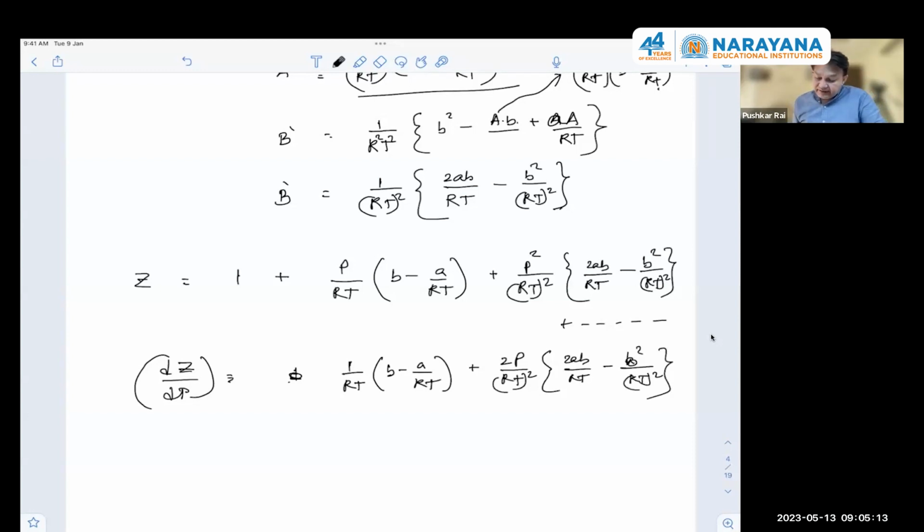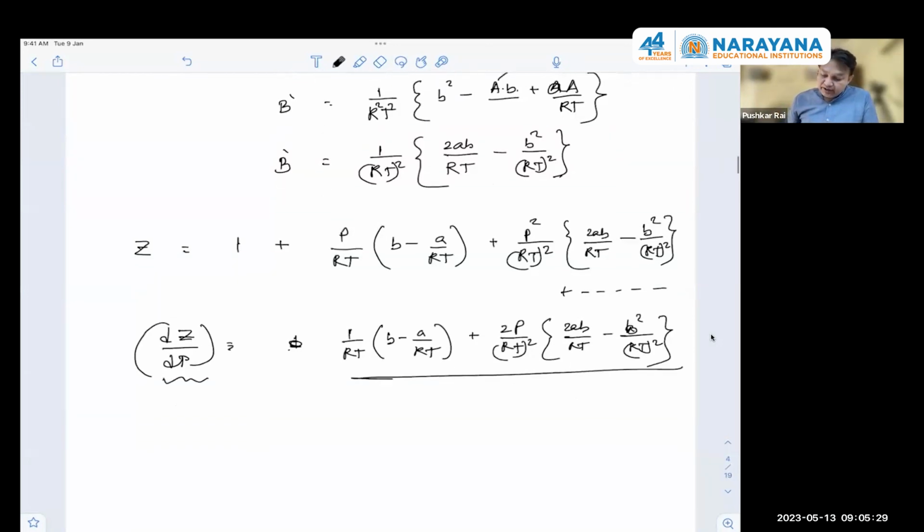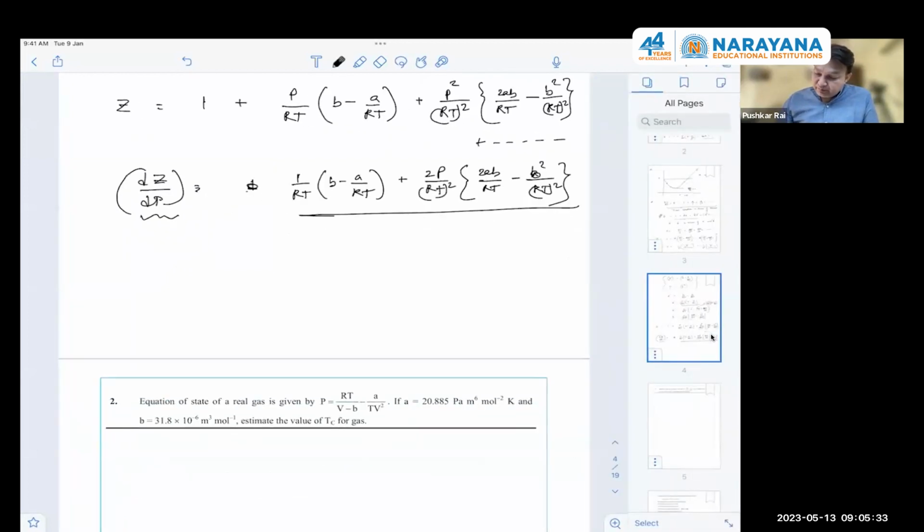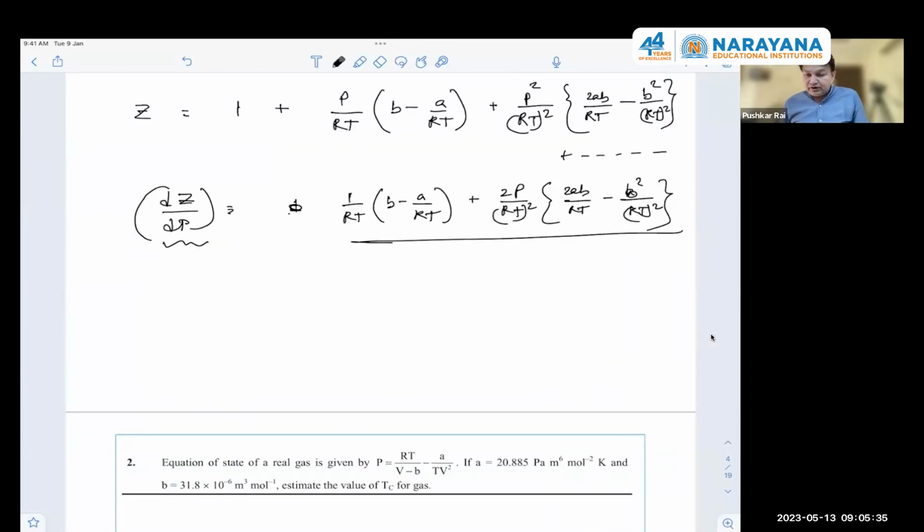Now you have a fantastic equation. You can see this dz by dp is depending on P, and you can precisely get, if you differentiate it with respect to P, at what pressure it is going to be maximum or minimum. So at least we have explored up to this point. That expression is going to give you something. So that is our maximum point, according to me.